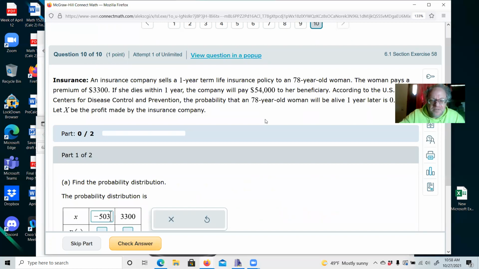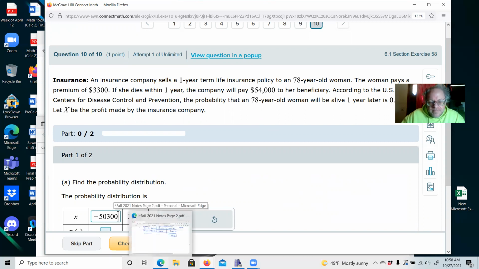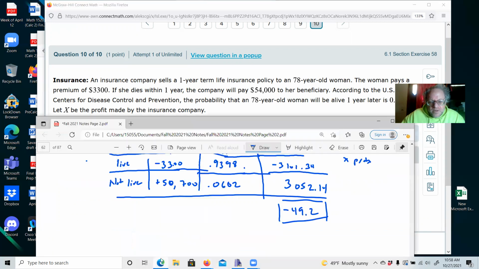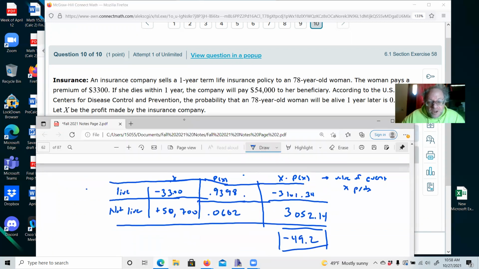So sorry about that. I went backwards. If she lives, they pocket the $3,300. If she dies, they're not giving that $3,300 back, but they do have to shell out $54,000. So I got the signs wrong.